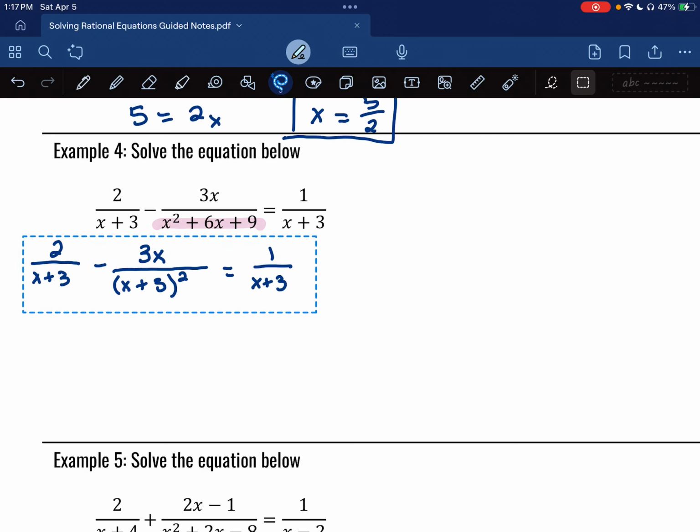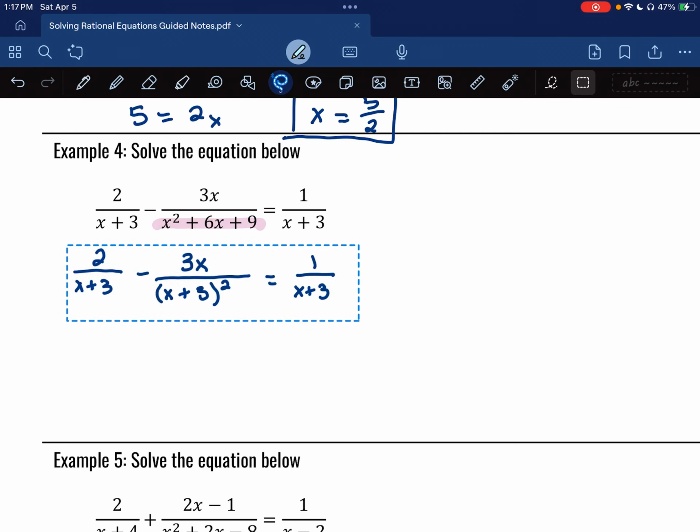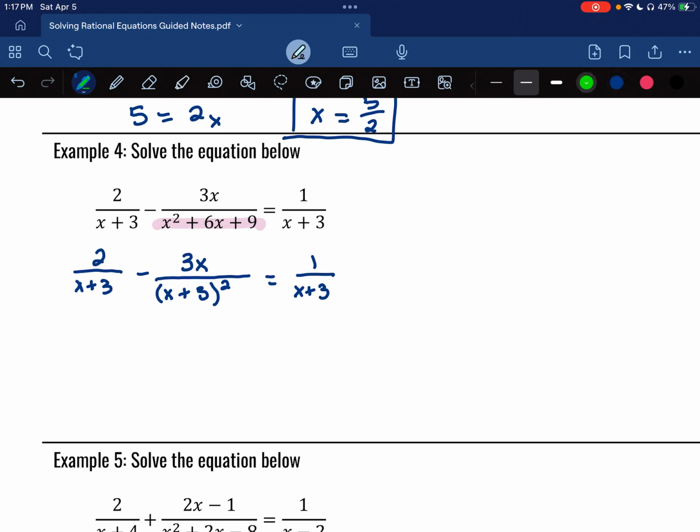There we go. All right, so thing to remember is because there's subtraction here, when I multiply this side by x plus 3 squared, it's going to get distributed to both of those fractions, okay? So let's see what happens here. Well, one of these factors of x plus 3 squared is going to cancel with the x plus 3 in the denominator here.